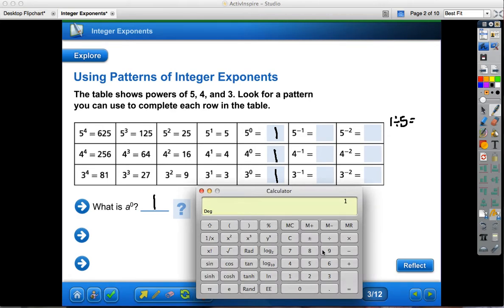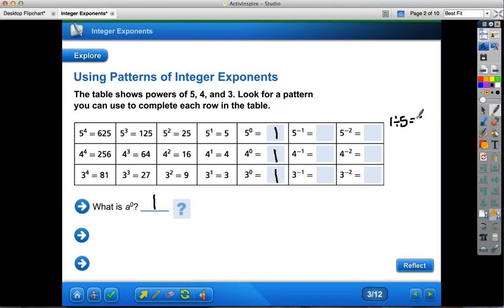If I type in 1 divided by 5, it gives me 0.2 as a decimal. If I write this as a fraction, I get 2/10, which reduces to 1/5. So 5 to the negative first power is 1/5.